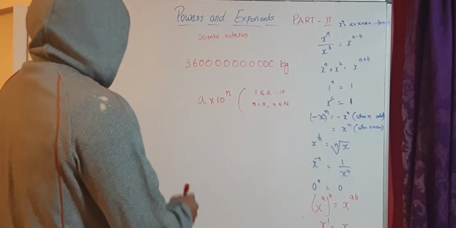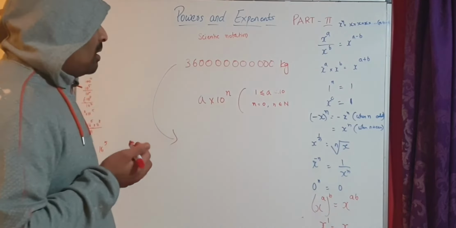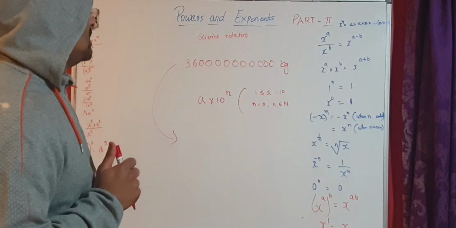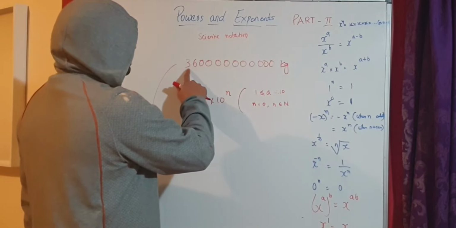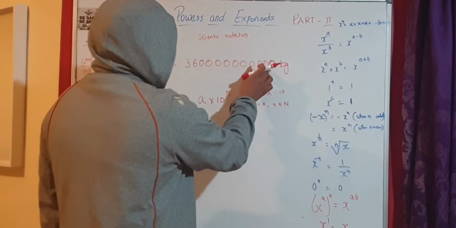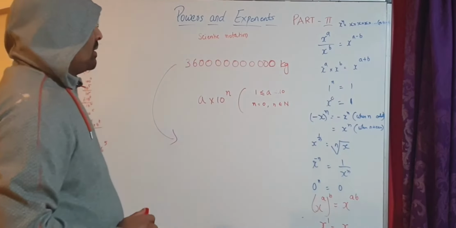Let's write this one in scientific notation. The very first thing is that here we have 3 6 followed by 10 zeros. So a should be between 1 and 10.